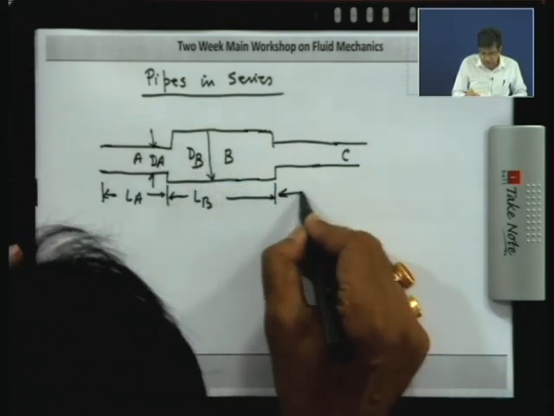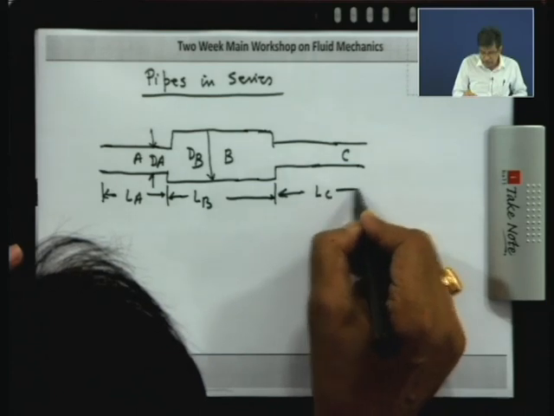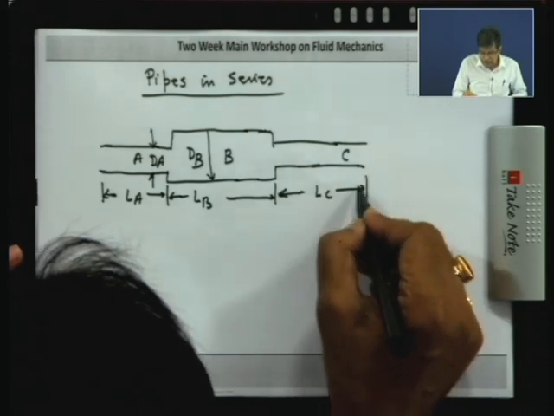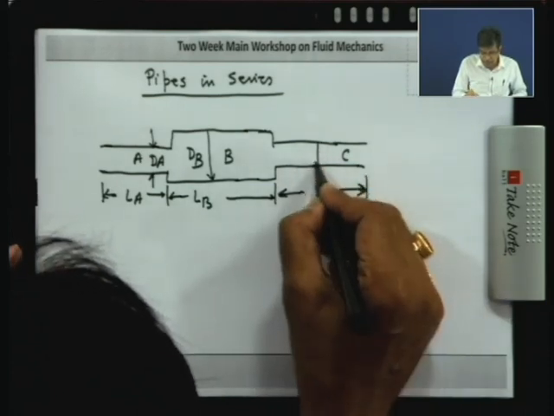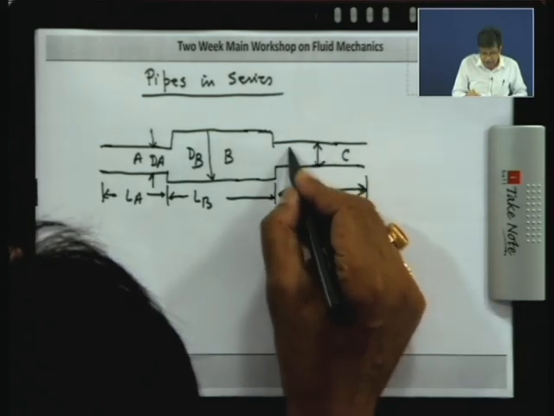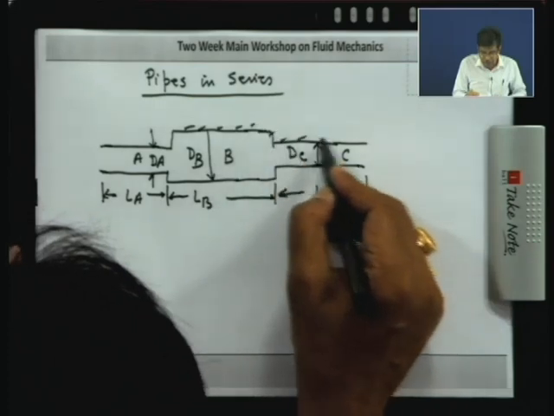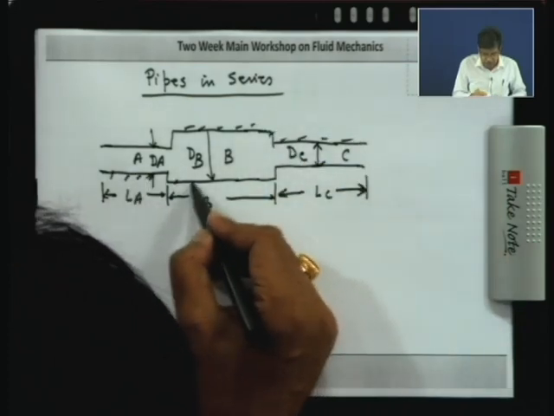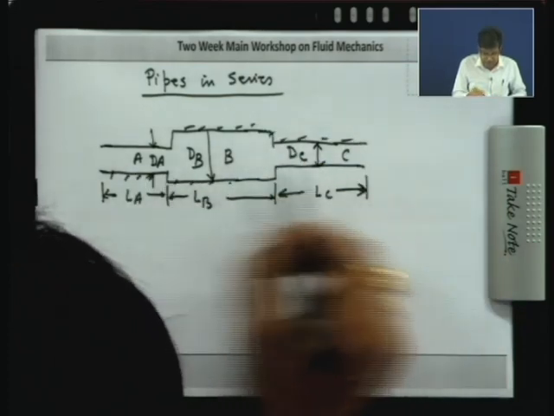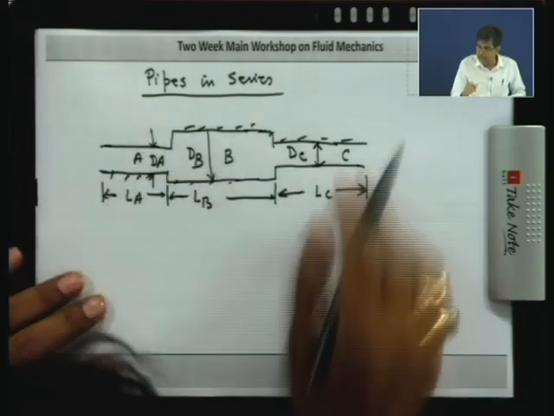This is LC. I want only that whether your concept is clear or not, because these algebraic steps anybody can derive. This is dC. Now, let us consider a pipeline like this, which consists of 3 pipes in series A, B and C of different diameters, and they are connected like that.